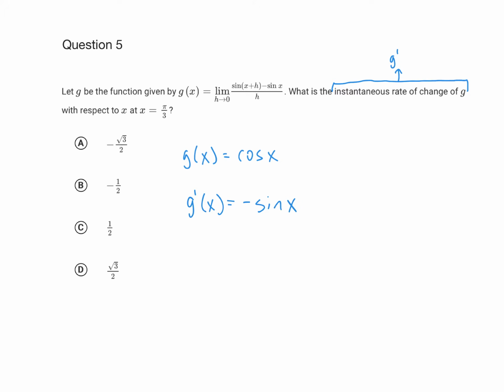Okay, and then they say instantaneous rate of change, which is the derivative at pi over 3. So just negative sine pi over 3. Okay, and then sine of pi over 3 is root 3 over 2. So this is negative root 3 over 2. So that's A.